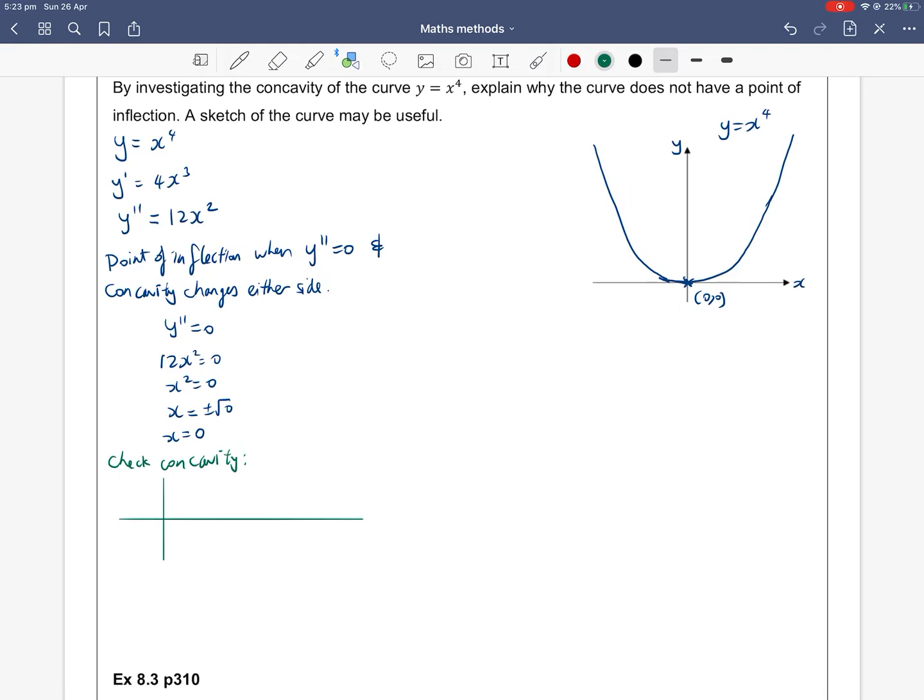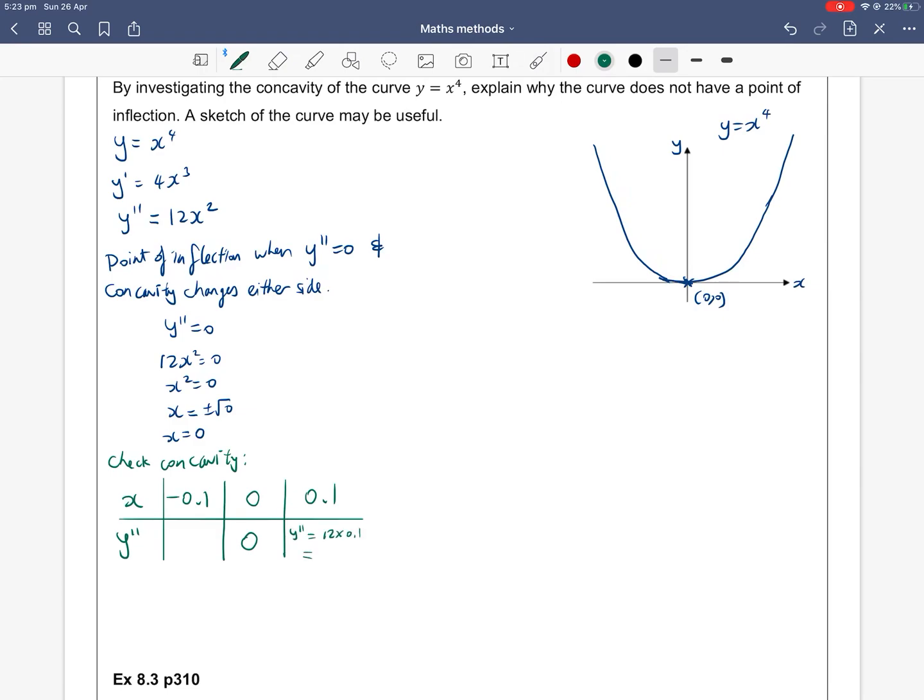To check concavity, we need to draw up a little table. We're checking for y dash dash, not the gradient, be careful. So with y dash dash, we're looking at the rate of change of the gradient. So we're looking at a little bit to the left and right of our point 0, so negative 0.1 and positive 0.1. y dash dash of 0 is 0 because that's what we figured out.